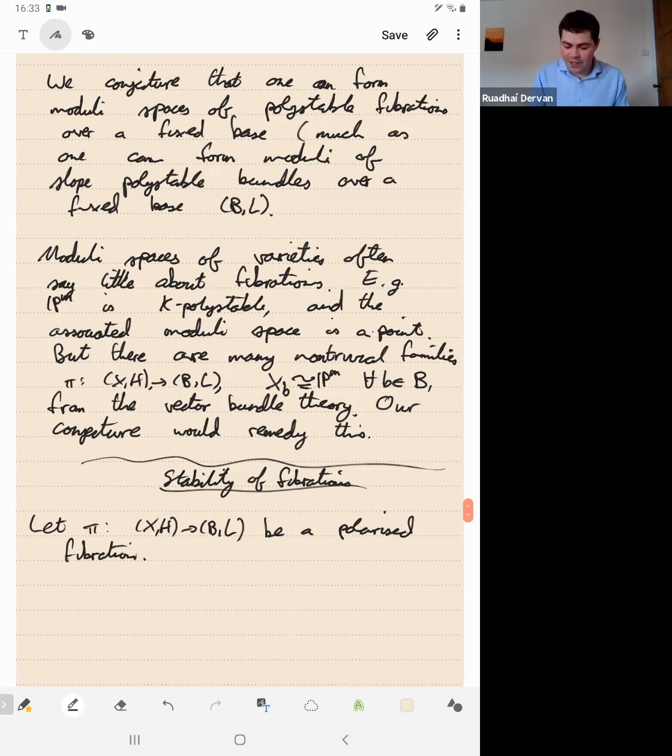Motivated by the moduli theory and especially by the analysis, we assume that the general fibers are K-polystable. So we assume the fibers (X_b, H_b) are K-polystable for b in B general.